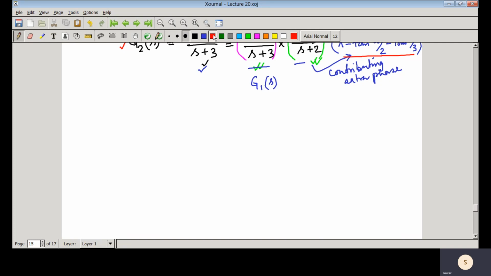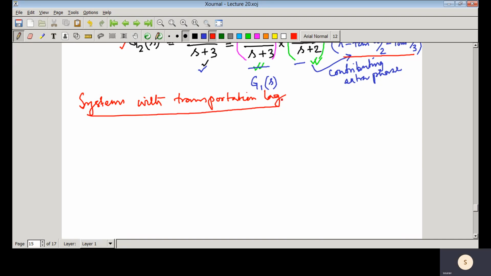So now we'll go to another important concept, that is systems with transportation lag. This particular topic is actually from mathematical modeling of dynamical systems, and here I am just discussing it to give you that idea.